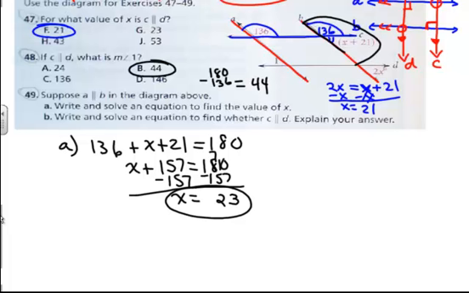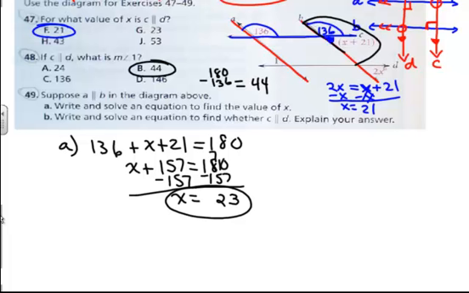Write and solve an equation to find whether C is parallel to D. To find out if C is parallel to D, I would need to have this angle right here equal to this angle right here.